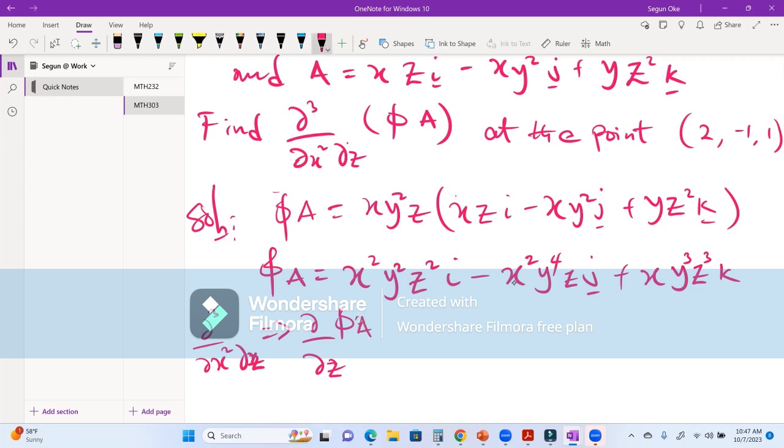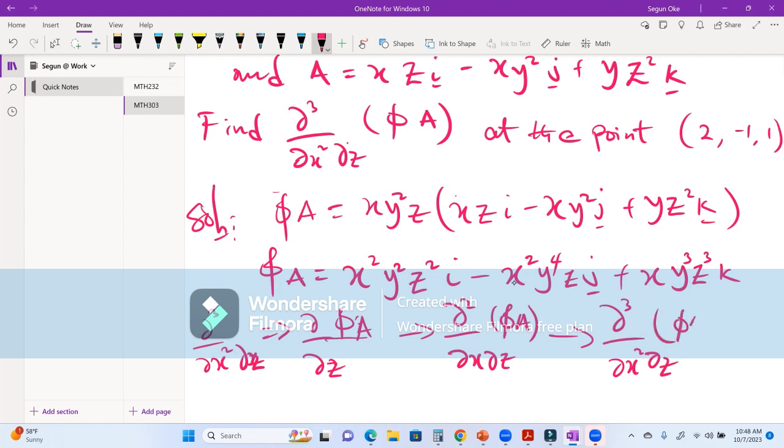Look at the way I break it down. Any question? Have you seen the breaking down? I know dz is easier to find in this case. I find my dz, then I will now differentiate that with respect to x. And that settles it.